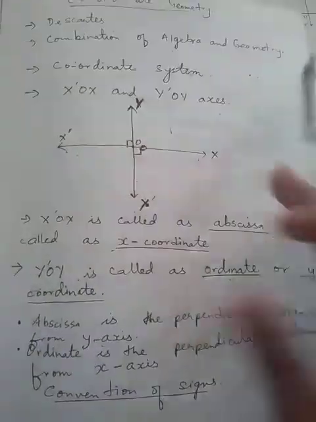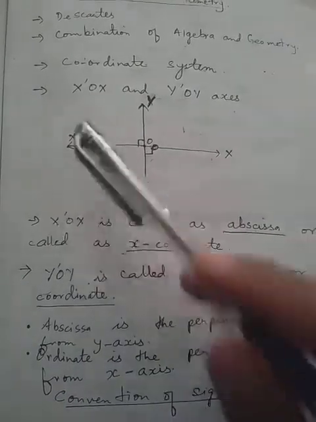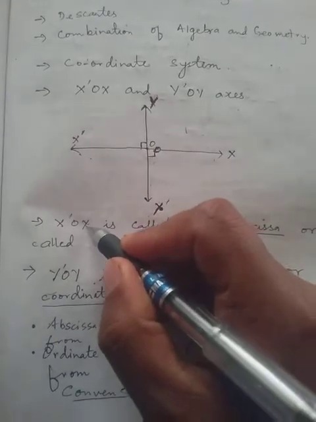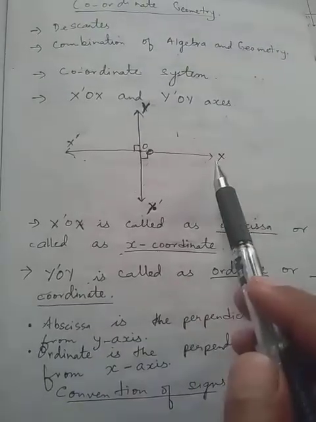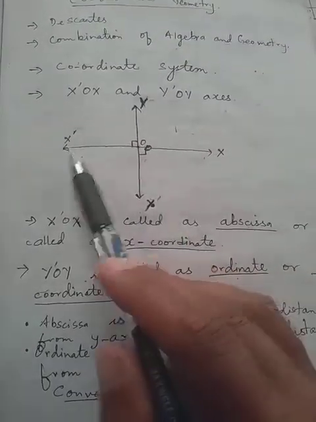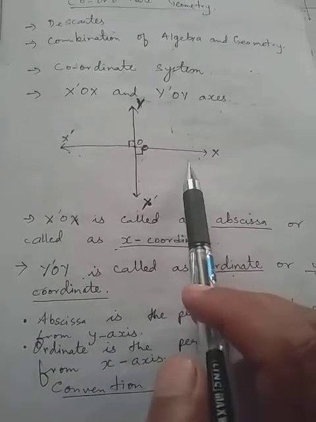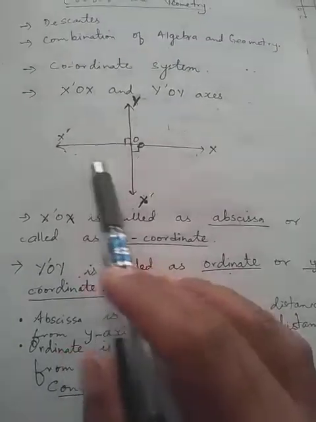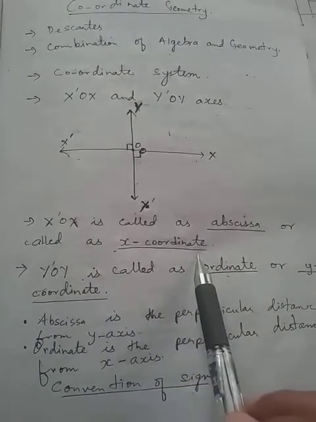Here I've written x ox dash, or x dash ox, whatever you would like to read first. This horizontal axis is called the abscissa, or the x coordinate. Remember this one: the horizontal line is called the abscissa or x coordinate.